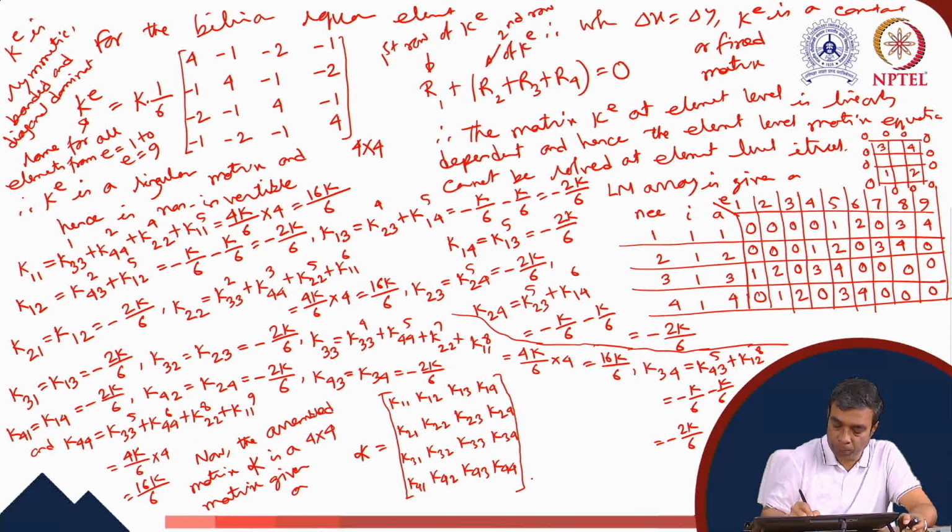So, if we put all these data here, we find that we have 16K by 6, minus 2K by 6, minus 2K by 6, minus 2K by 6.